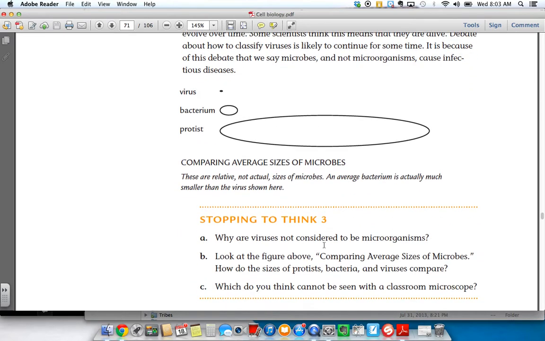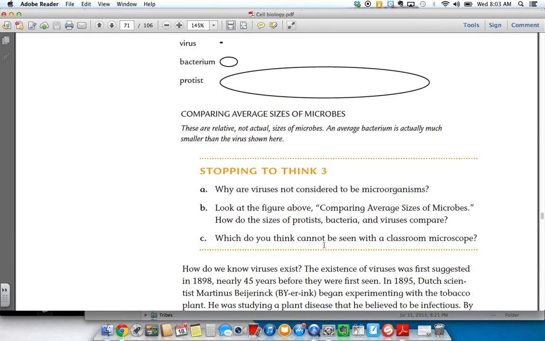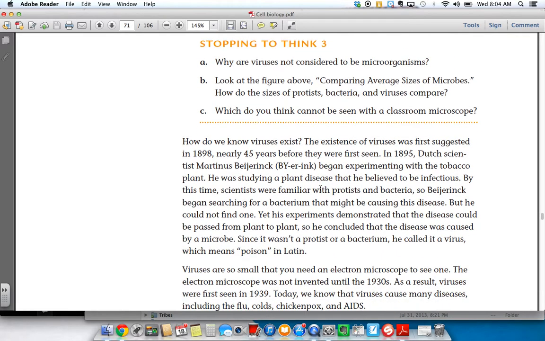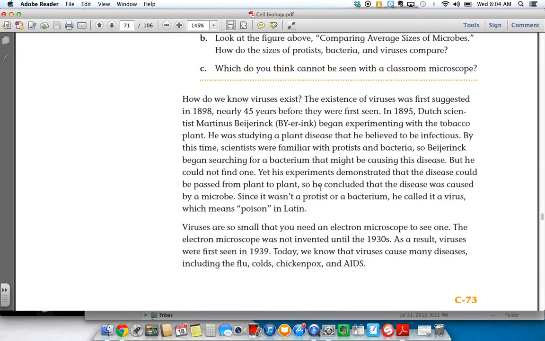to the other two. So at this point, again, stopping to think, pause, respond to these questions in your online notebook. How do we know viruses exist? The existence of viruses was first suggested in 1898, nearly 45 years before they were first seen. In 1895, Dutch scientist Martinus Beijerinck began experimenting with the tobacco plant.